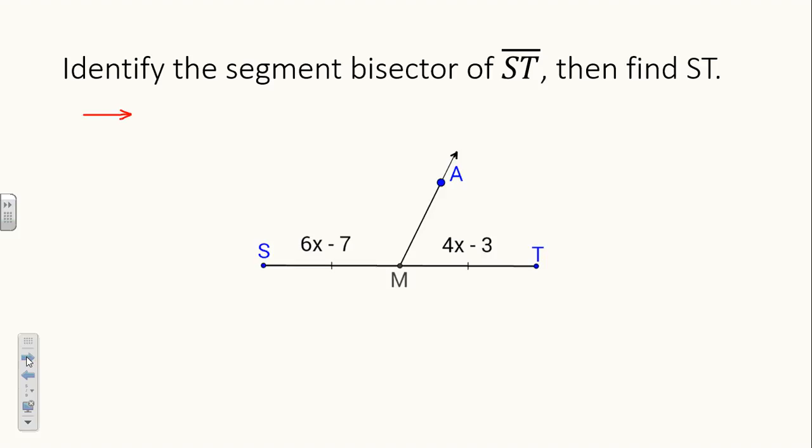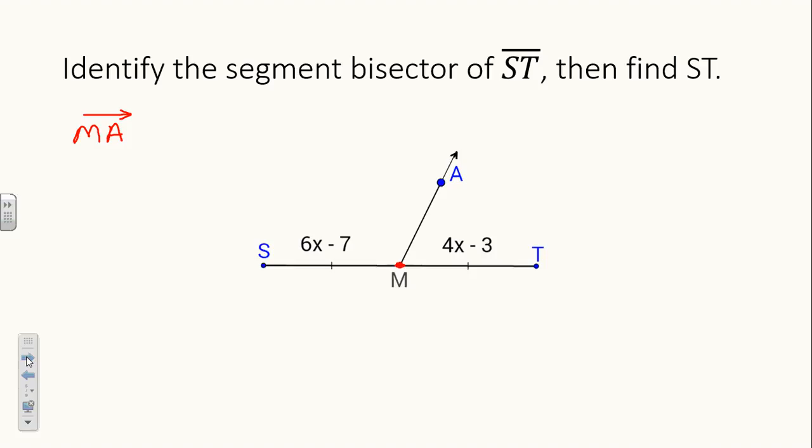Okay. And what are we going to name that ray? I hear MA. Why did you choose to say MA? Does the order matter here? Good, the arrow's by the A. So we always start with the endpoint and we go in the direction of where the arrow is going. Perfect.